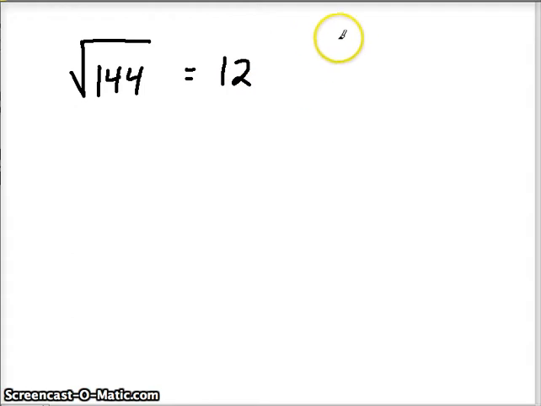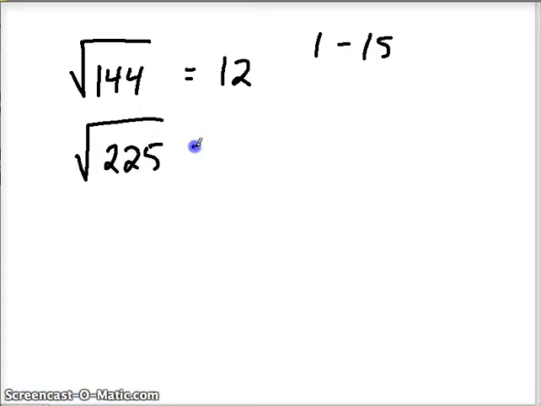If you know your squares from 1 all the way up to 15, it makes life a lot easier. Again, square root of 225, that would be 15 squared, so the square root of 225 is 15. So if you know things like that, it makes life a lot easier.